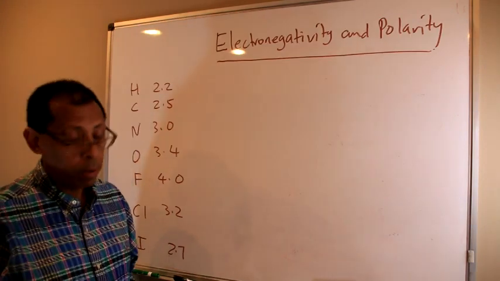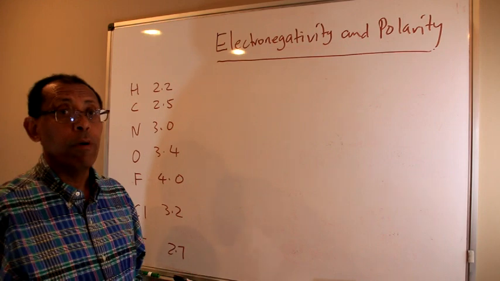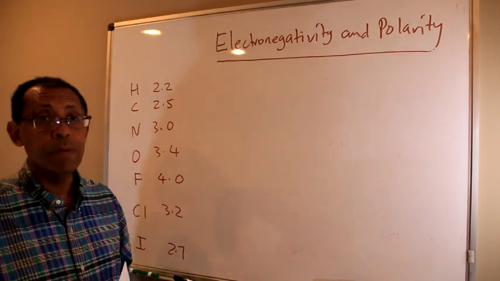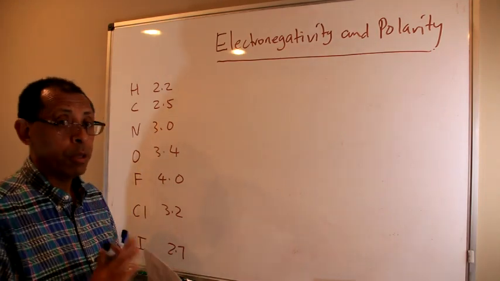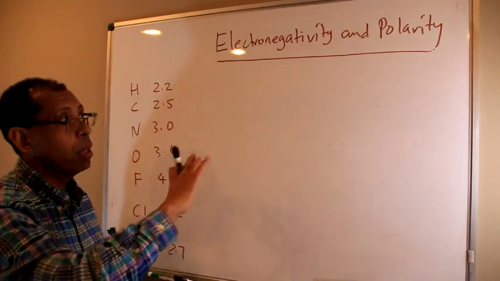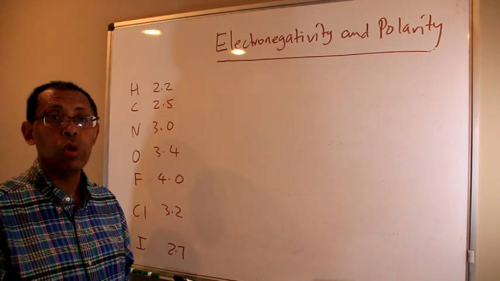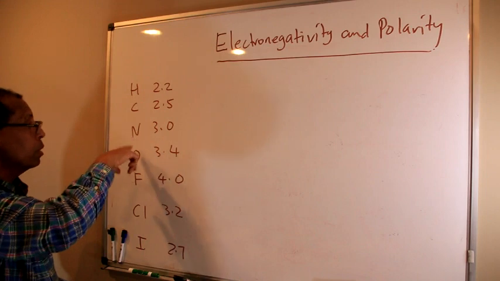Now we'll review some of the properties of polarity of some compounds and also electronegativity difference based on the electronegativity scale. As you know, when we go from left to right in the periodic table, electronegativity increases. So you should be able to apply this table, for example, hydrogen, carbon, nitrogen.